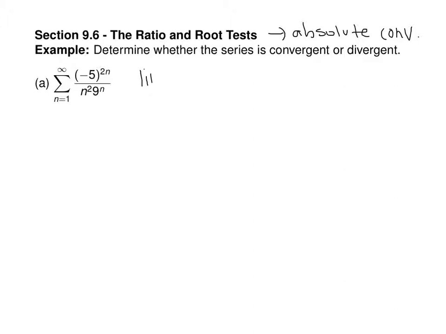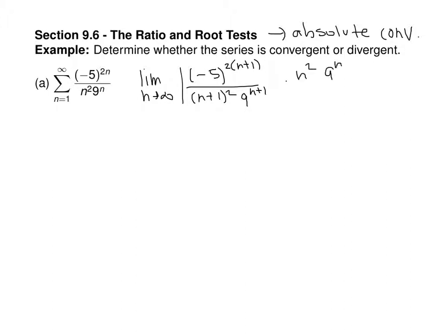We'll find the limit as n goes to infinity of negative 5 to the 2 times n plus 1 power, divided by n plus 1 squared, 9 to the n plus 1, multiplied by n squared, 9 to the n over negative 5 to the 2n. I'm going to drop the absolute value bars and take out the negatives.